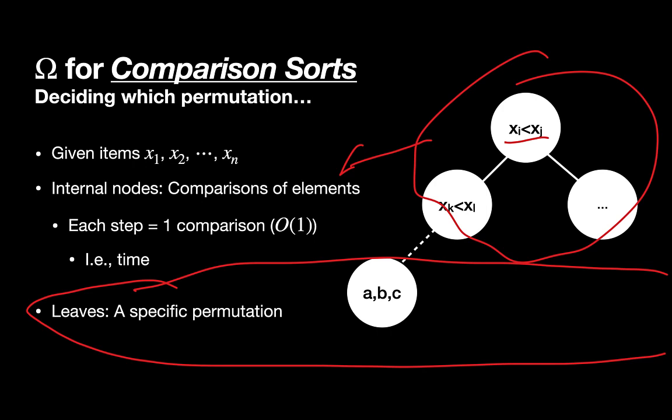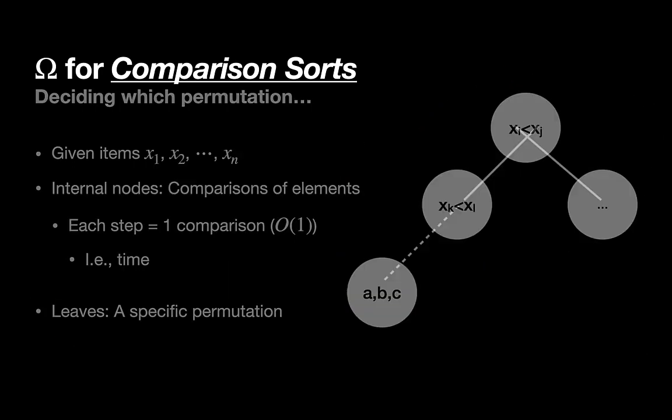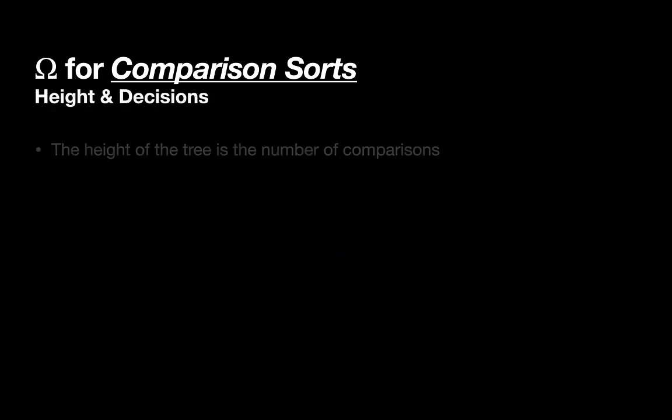And the path down the tree from one node to another basically represents the number of steps, or the number of comparisons, we need to do in order to identify a specific permutation. Okay, so the height of the tree basically represents the number of comparisons that we have to do. And again, we're kind of simplifying our argument and just focusing on the amount of work we do in comparisons and ignoring the amount of time it would take to actually swap elements around.